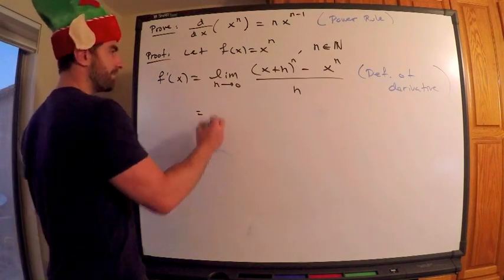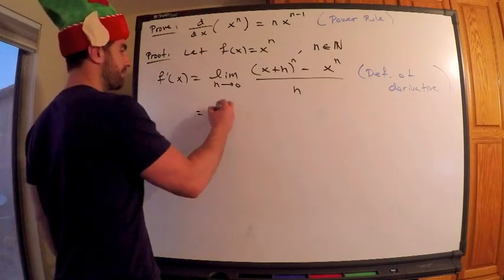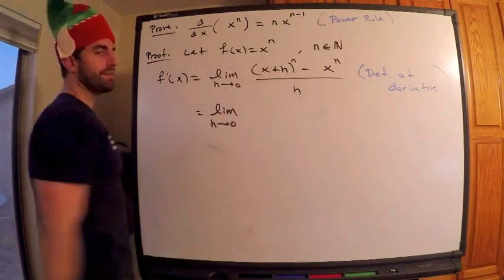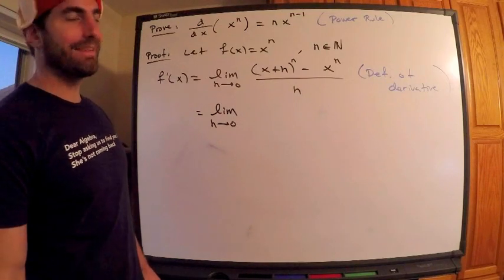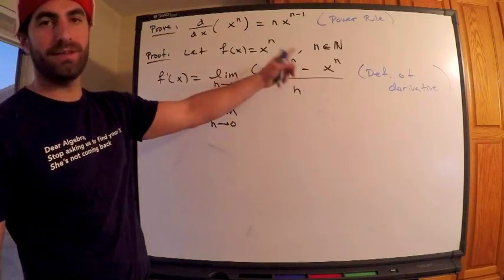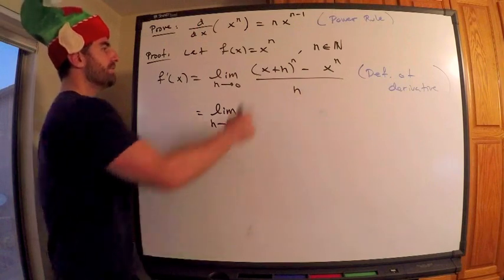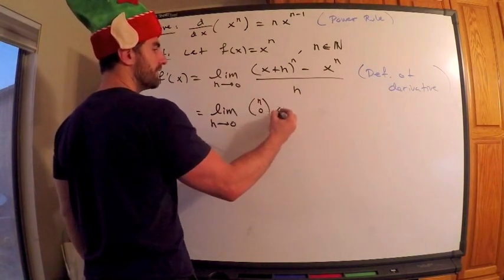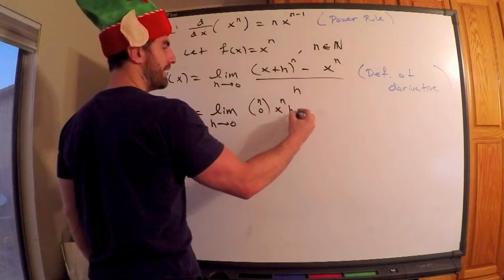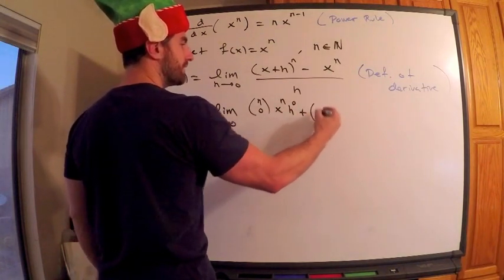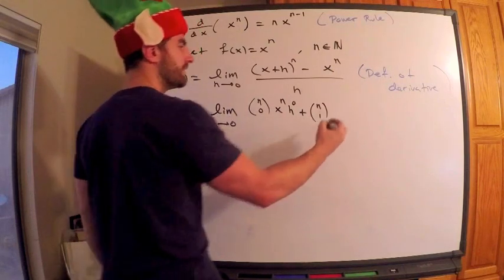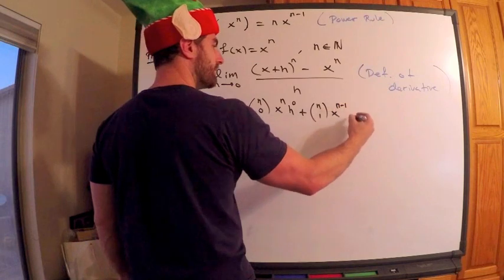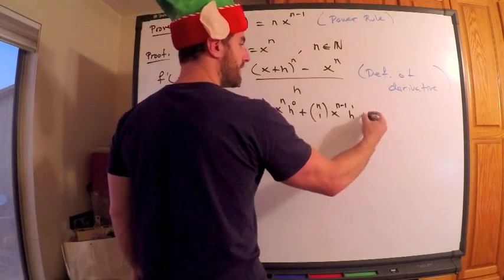Alright, so this is where I need the binomial theorem, because now if I want to expand the (x plus h) to the n, this is a binomial to a power, hence why it's called the binomial theorem. (x plus h) to the n is equal to n choose 0, x to the n, h to the 0, plus n choose 1, x to the n minus 1, h to the 1, keep going.